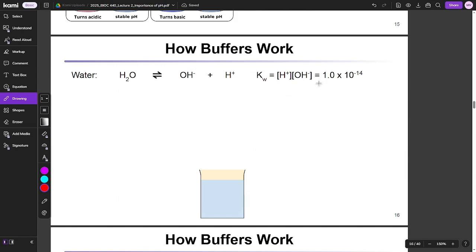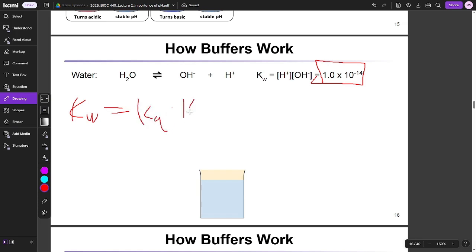How do buffers work? I'm not gonna lie, they took a lot of slides to explain this, so I'm just gonna try and pick out the slides that are important for you to know. This slide, keep it in mind. Know that water has this constant, 1.0 times 10 to the negative 14th. Basically, everything adds up to this number. So Kw, for example, is equal to Ka times Kb.